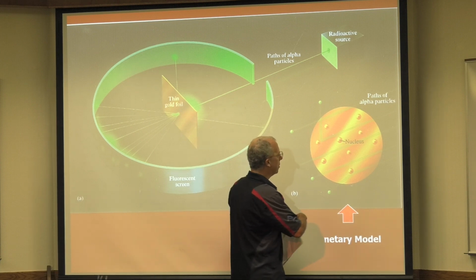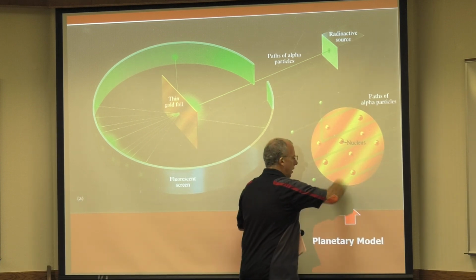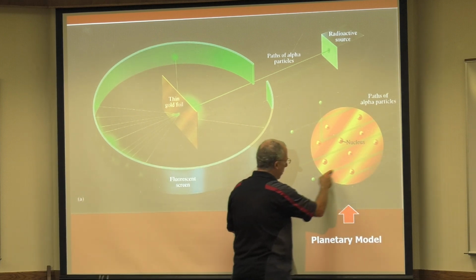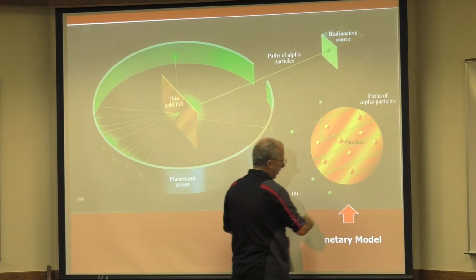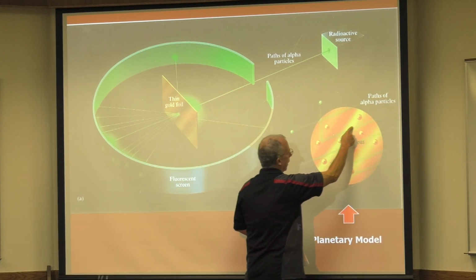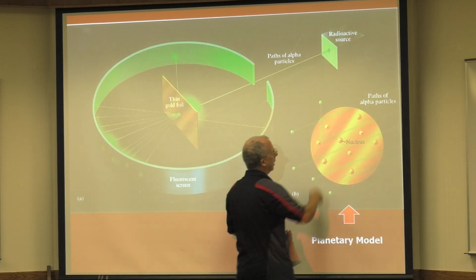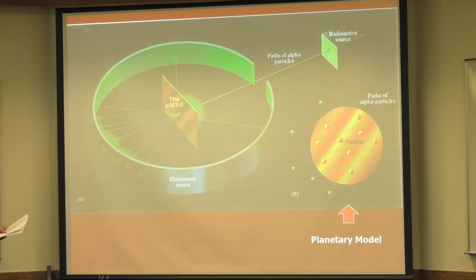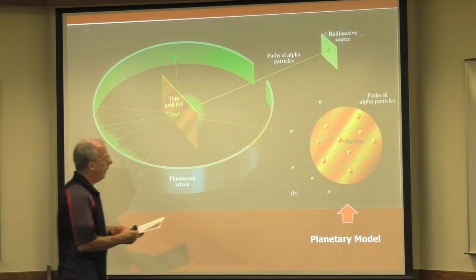And so when you had the bullets coming in, sometimes they just go through, but sometimes they would deflect. Look, here comes the bullet, smack, then it goes back like that. All right, so that's the planetary model, okay?